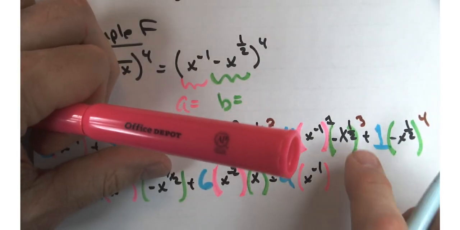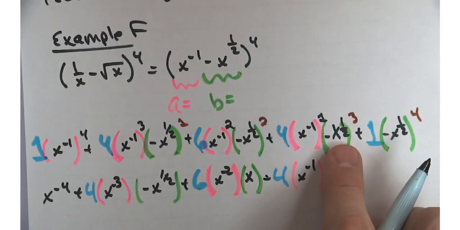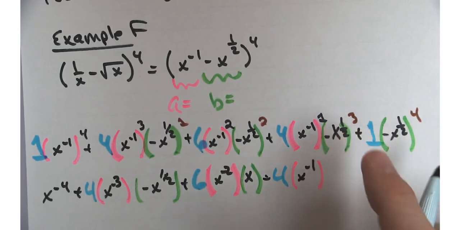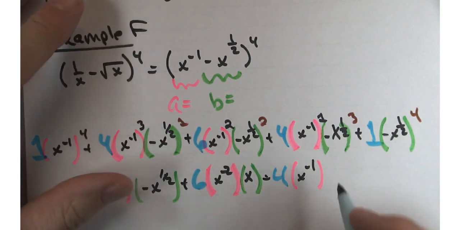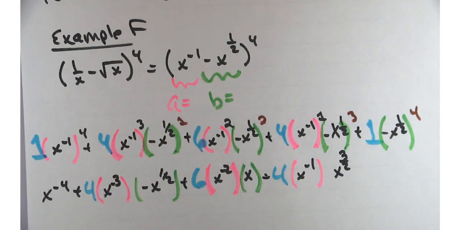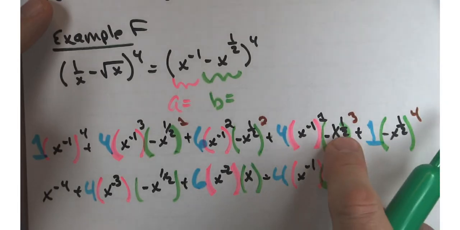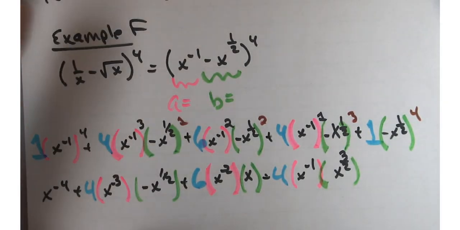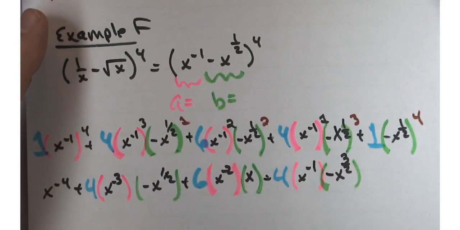Well, what's going to happen to this guy? First of all, let's deal with the exponent. 3 times 1/2 is going to be x to the 3/2. And is that going to be a positive or negative term? When you have an odd exponent and a negative inside that exponent, you're going to end up with a negative number or a negative quantity, so a negative there.